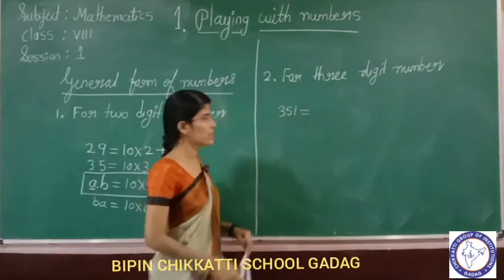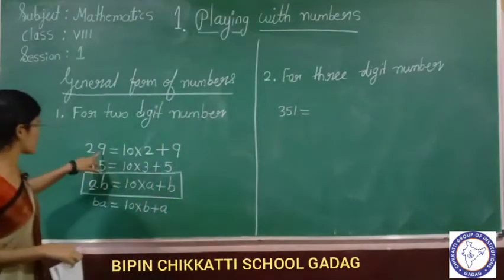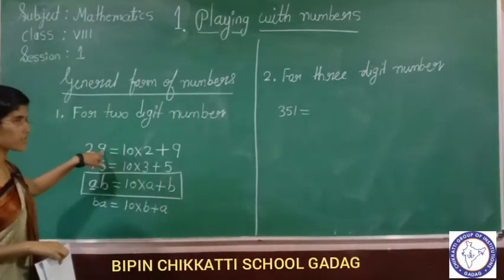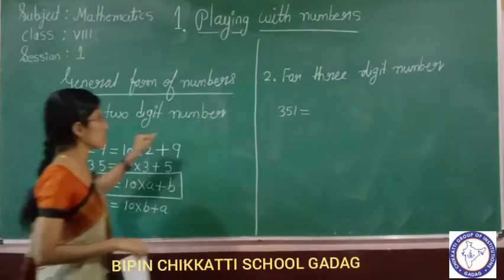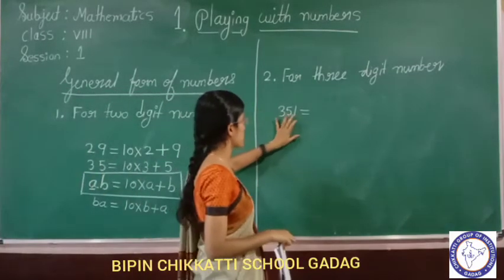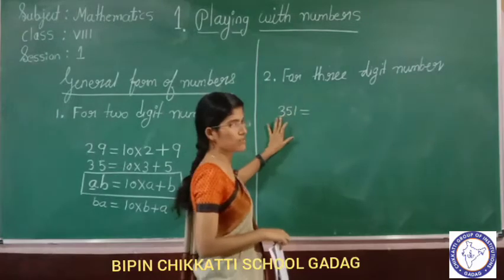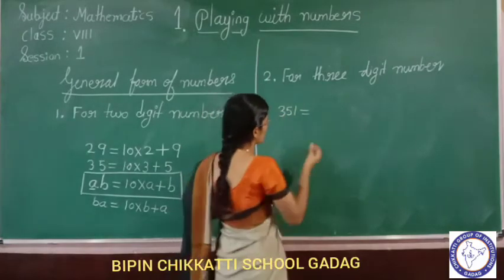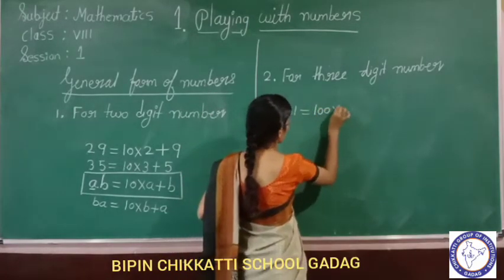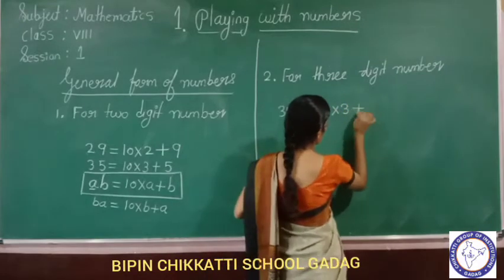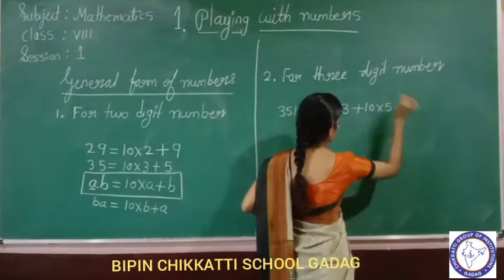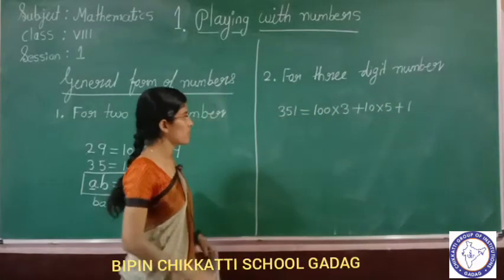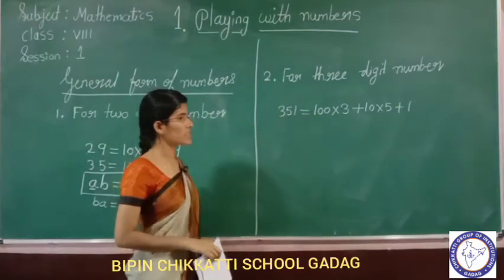Now see students, this is in ones place and this is in tens place. Yes or no? Here in a three digit number, this is ones place, tens place, 100 place. Now how I can write this? 100 into 3 plus 10 into 5 plus 1. Yes or no? We can write the number like this also.